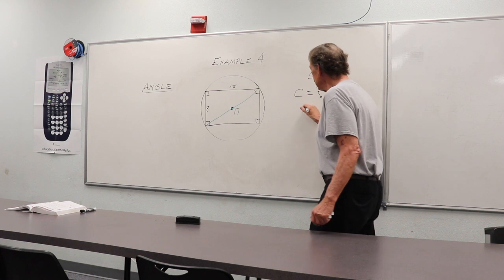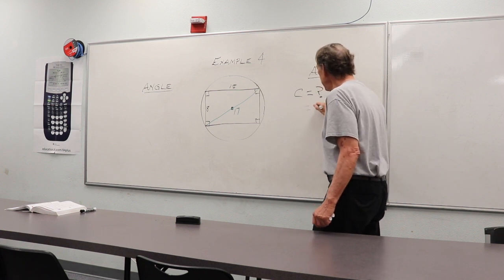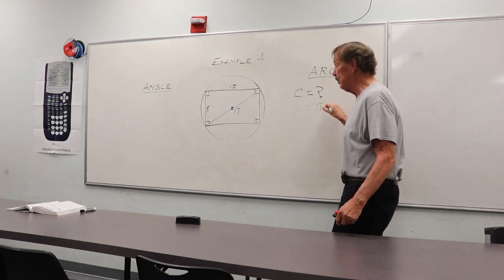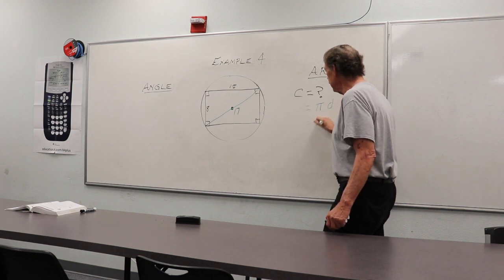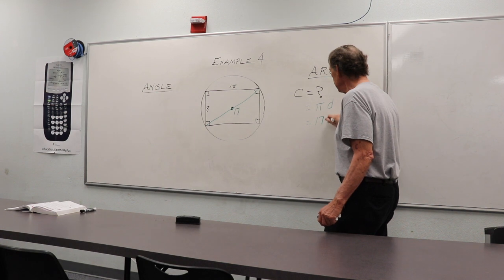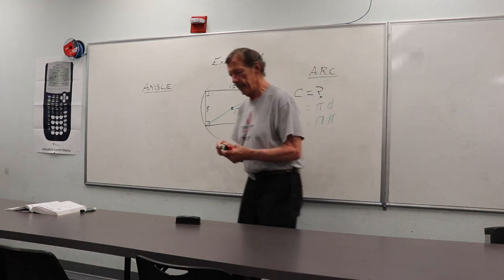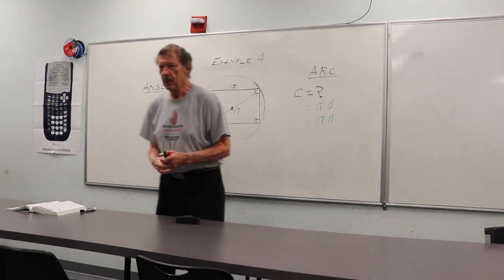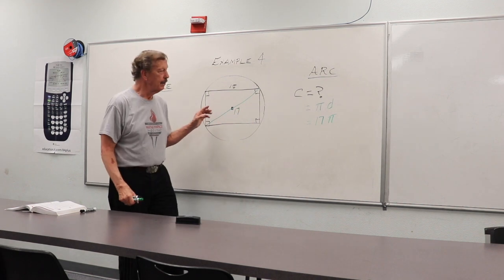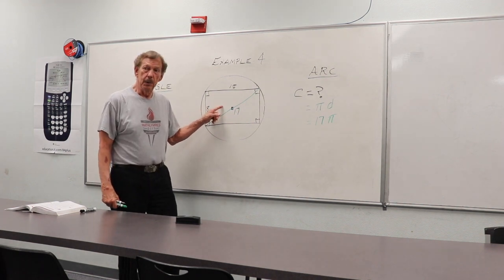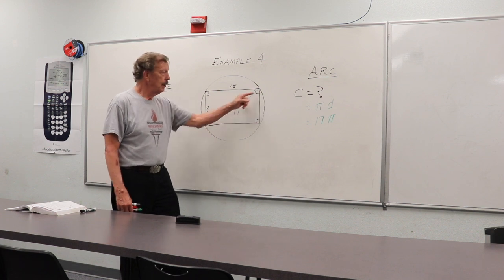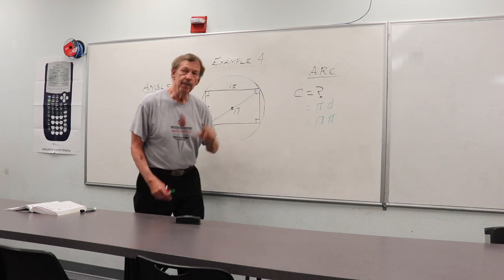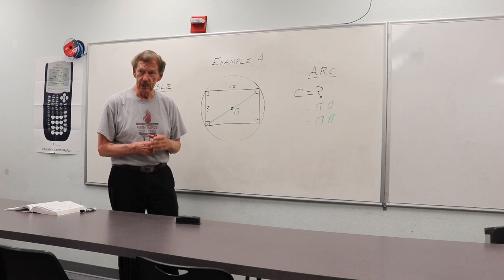The circumference is going to be pi times 2 radiuses, or 1 diameter, and in this circle that will be 17 pi. So this is a mix of knowing your Pythagorean triples and being able to use that information to find the circumference.